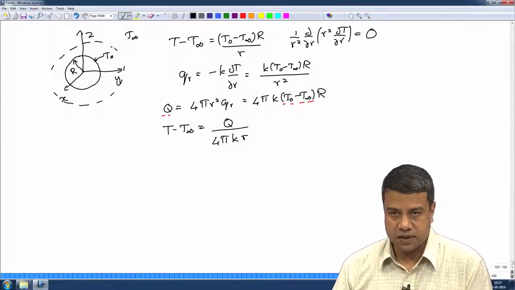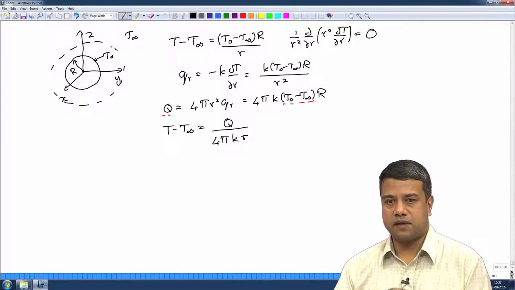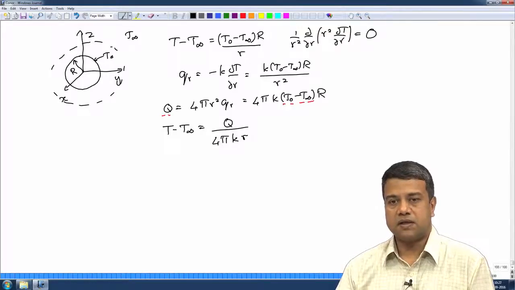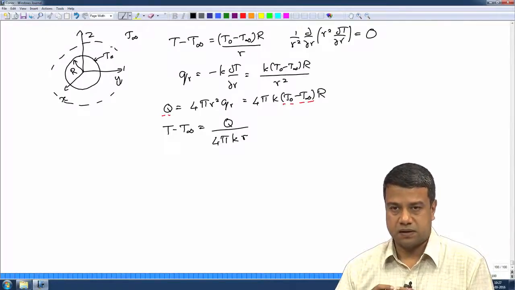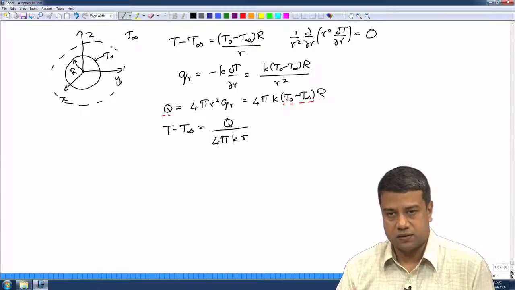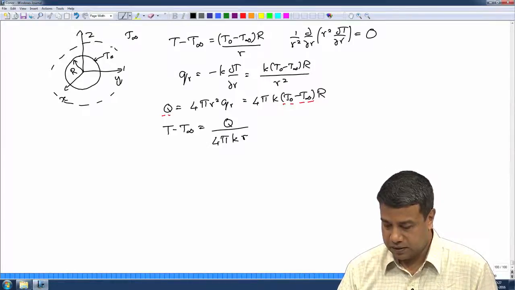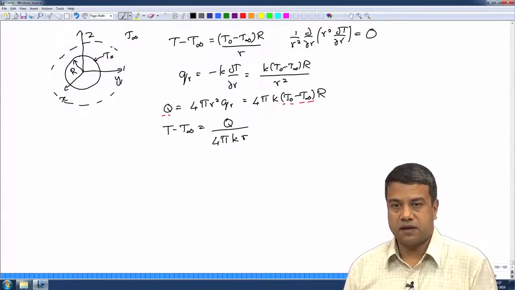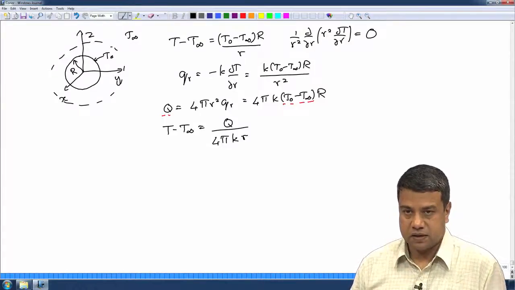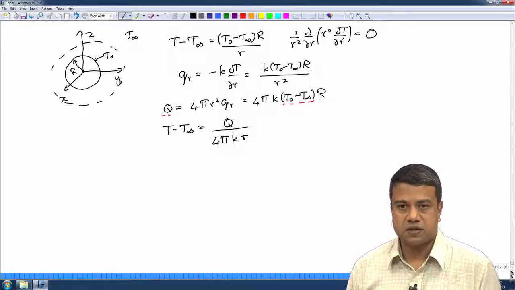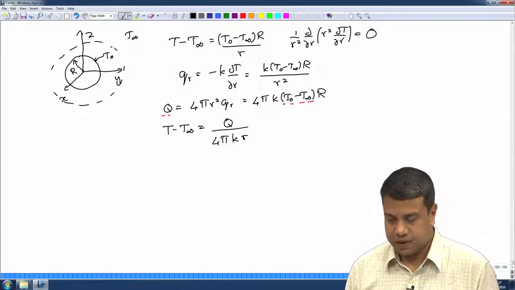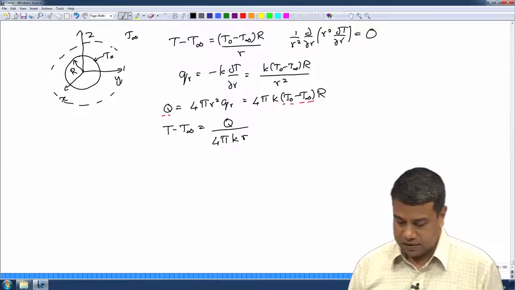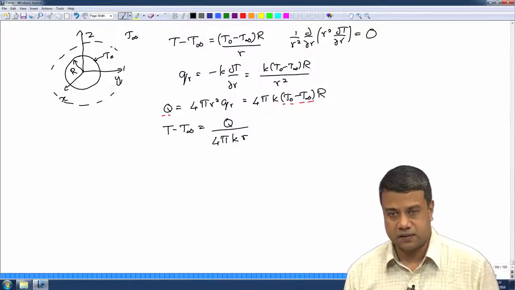As the radius goes to 0, if the total amount of heat being generated is still Q, that means that the flux goes to infinity. So, it is in that limit that this is a solution. Now, this solution can also be considered as a solution of the inhomogeneous equation in which you have a point source as the delta function. I will just show you briefly how that can be formulated.